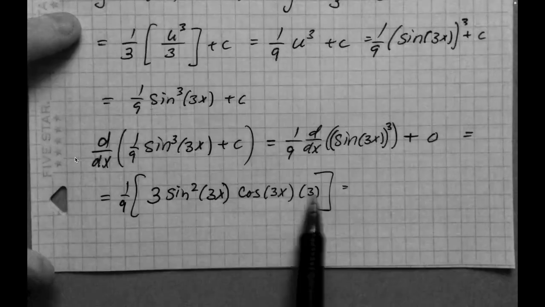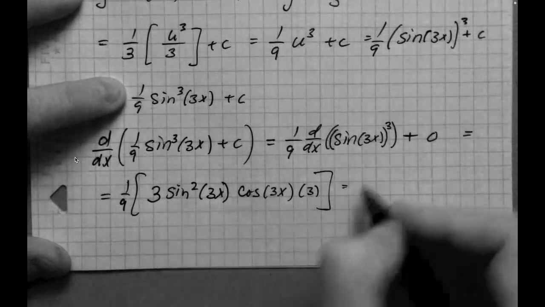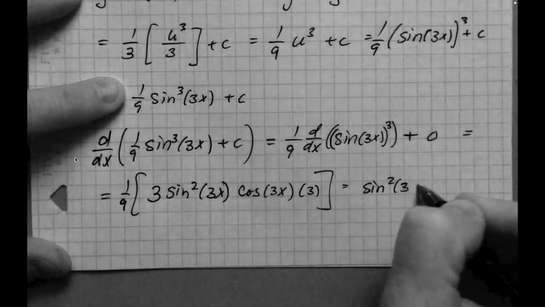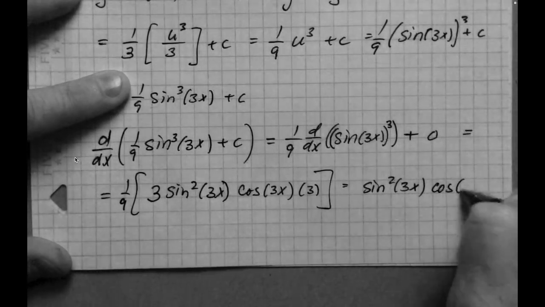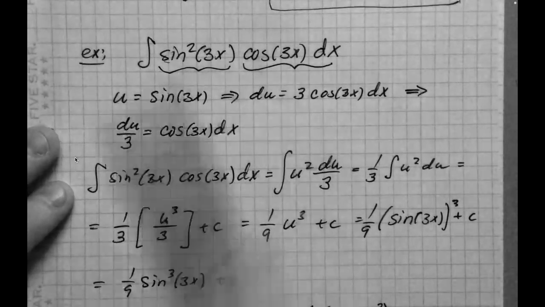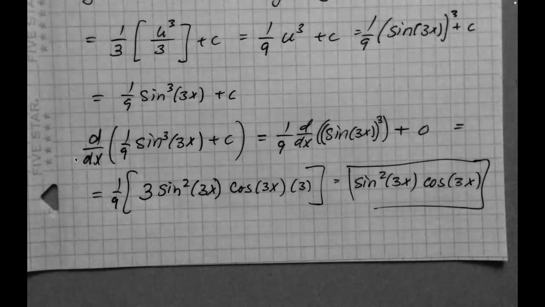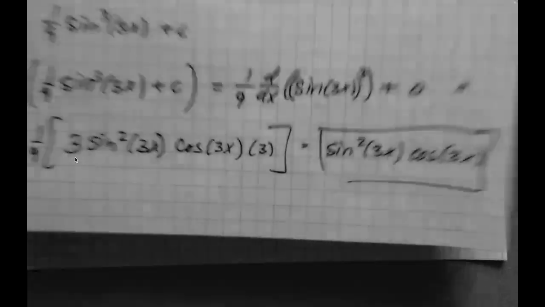Yeah, the 3 and 3 are 9, so the 1/9 disappears, and I just have sine squared 3x times cos of 3x, which is exactly what we started with. Perfect. So you should be able to differentiate anything that you integrate and get back to the original problem.